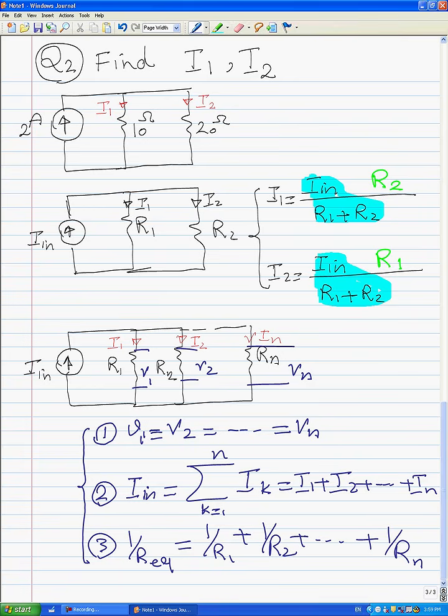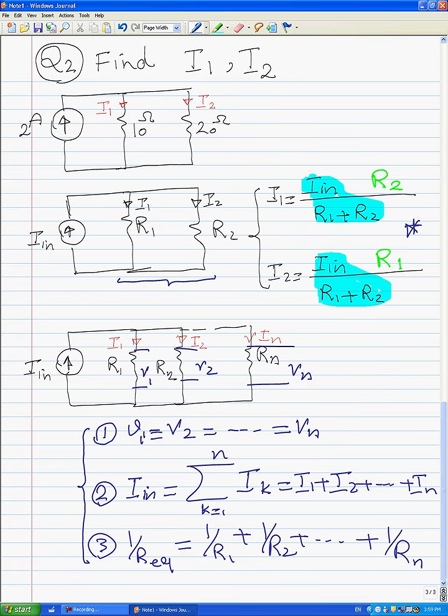Okay, important note: if we want to use the divided current rule, we should change any parallel circuit to only this circuit, which consists of only two resistors connected together in parallel.